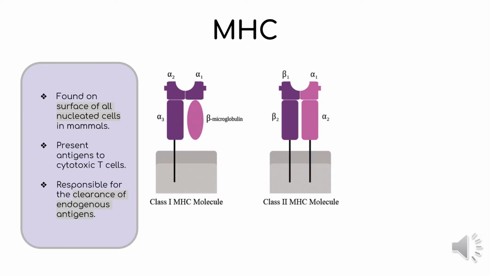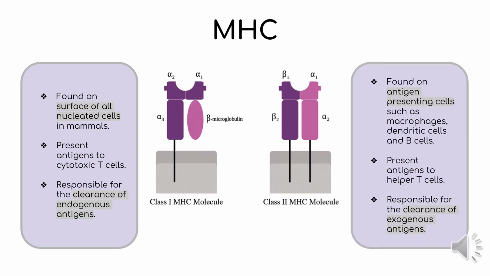It presents antigens to cytotoxic T cells and is responsible for the clearance of endogenous antigens. Class 2 MHC can be found on antigen-presenting cells such as macrophages, dendritic cells, and B cells. It presents antigen to helper T cells and is responsible for the clearance of exogenous antigens.